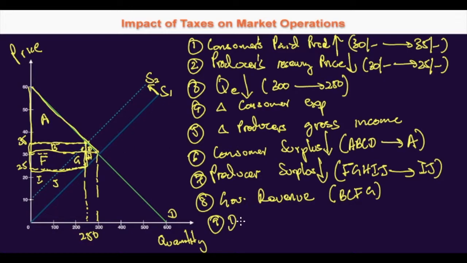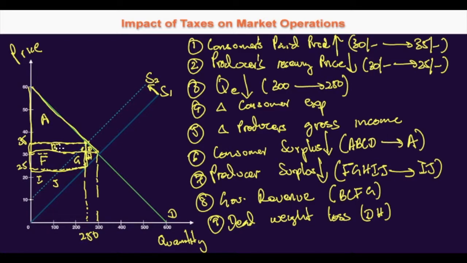So there is a deadweight loss, or decrease in the surplus, the social welfare, which would be D and H. And consumers have to bear the amount B and C, and producers have to bear the amount G and F because of the tax burden. Now these are the consequences and the impact of taxes on market operation.